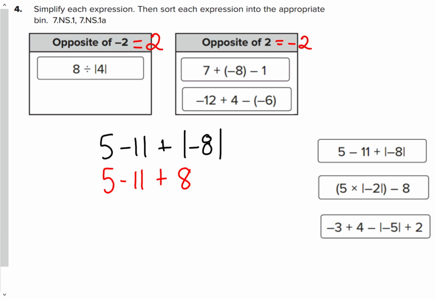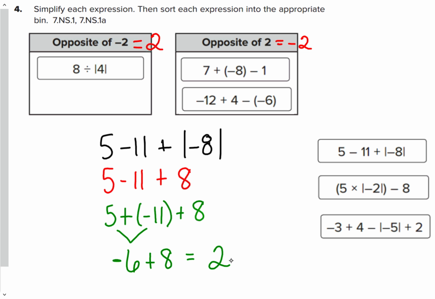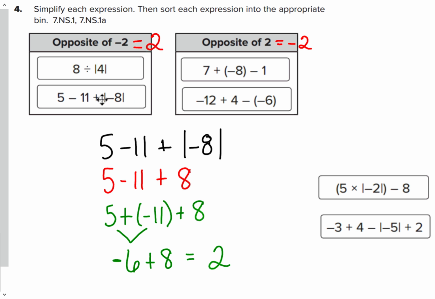All right, let's go ahead and do 5 minus 11, or I like to say 5 plus a -11. Again, subtraction turns into addition. Opposite of +11 is -11. And they have different signs, so I'm going to subtract them. 11 minus 5 is 6. I have more negatives, so the answer is going to be negative. So -6 plus 8. Again, these have two different signs, so let's subtract them. 8 minus 6 is 2. I have more positives. So this equals 2, which is the opposite of -2. So I'm going to put this in this category.